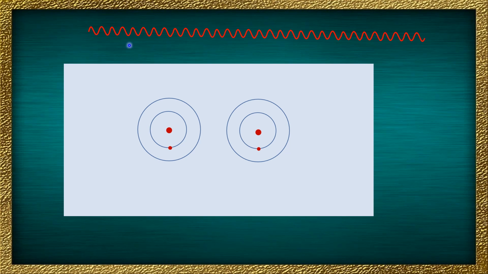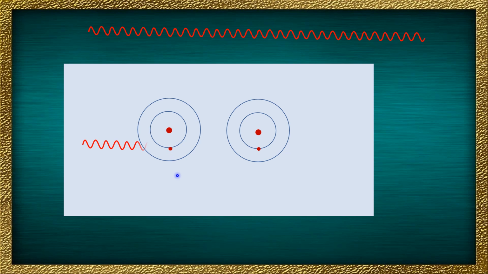Suppose the same light is incident on this atom, because through this transparent material light is passing. When this light impinges upon an atom, it is absorbed by that atom, resulting in vibration of the electron, isn't it?